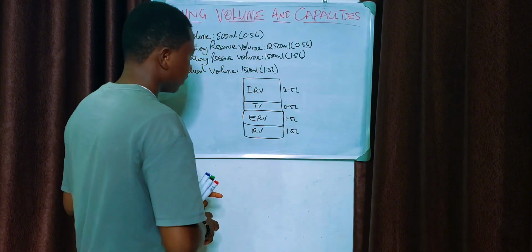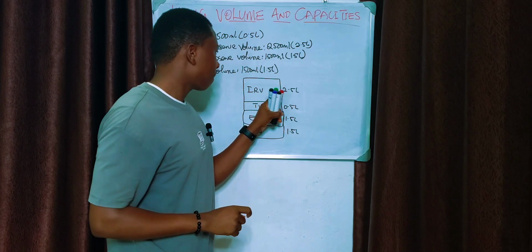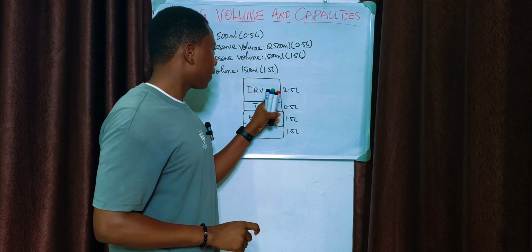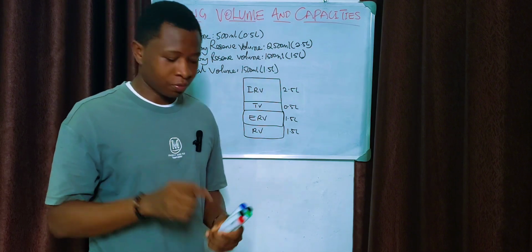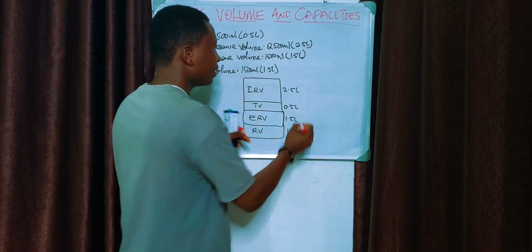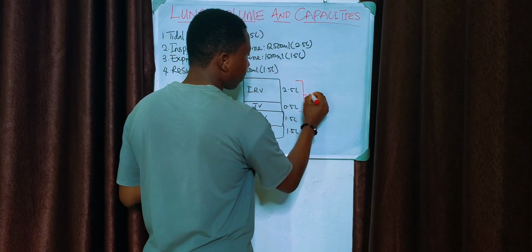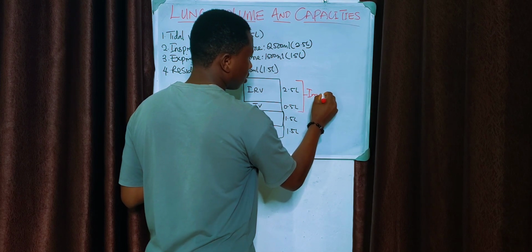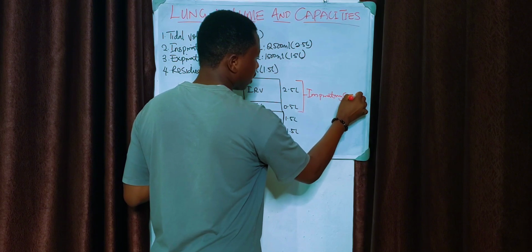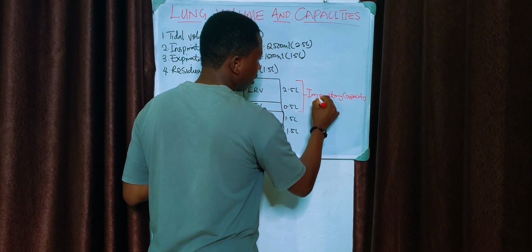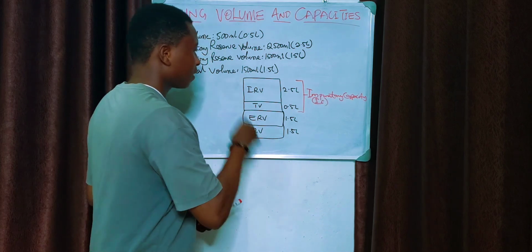When you total the volume of the inspiratory reserve volume and the tidal volume, the capacity you get is what you call the inspiratory capacity, IC.